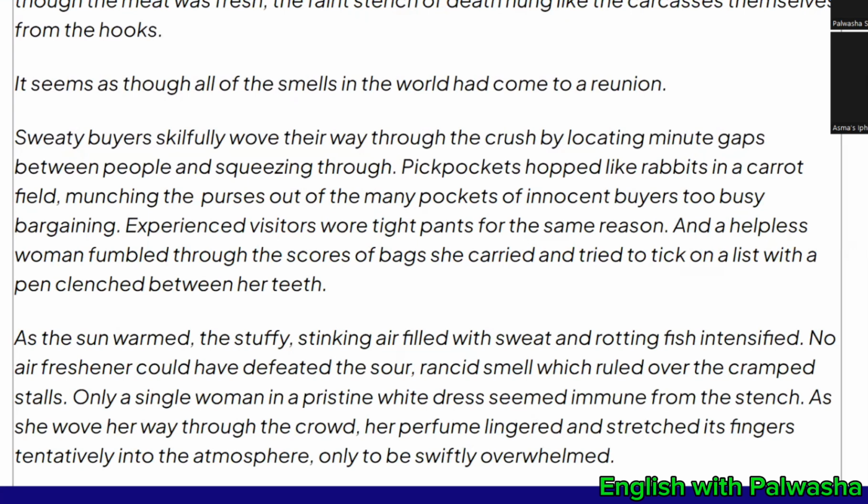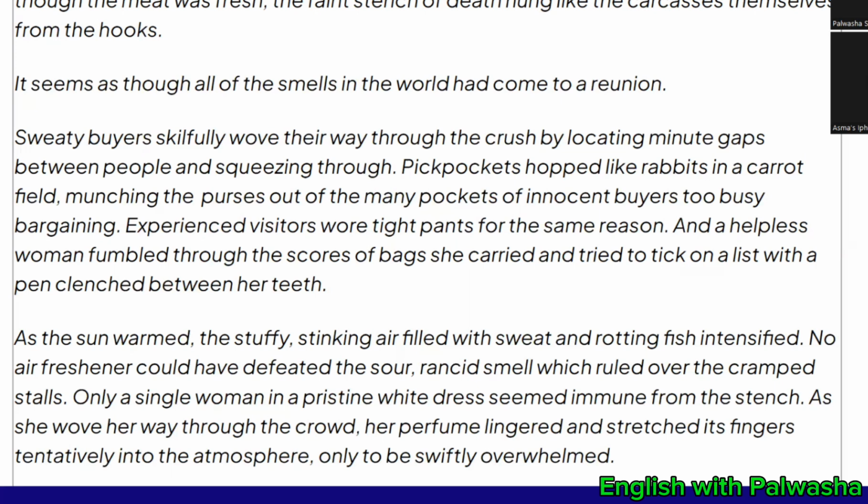Experienced visitors wore tight pants for the same reason, and a helpless woman fumbled through the scores of bags she carried and tried to tick on a list with a pen clenched between her teeth. As the sun warmed, the stuffy, stinking air filled with sweat and rotting fish intensified. No air freshener could have defeated the sour, rancid smell which ruled over the cramped stalls.